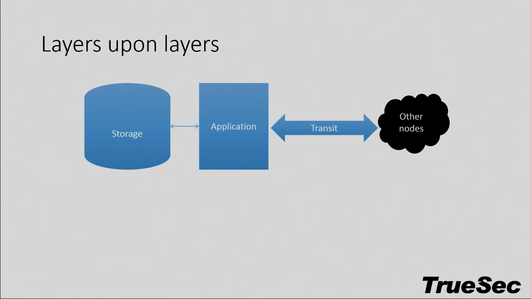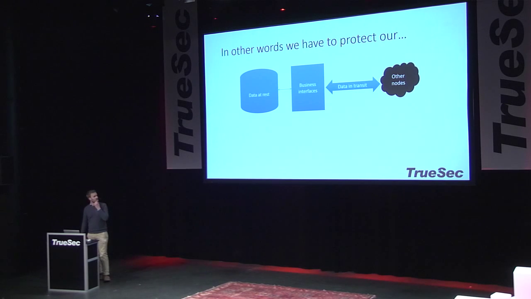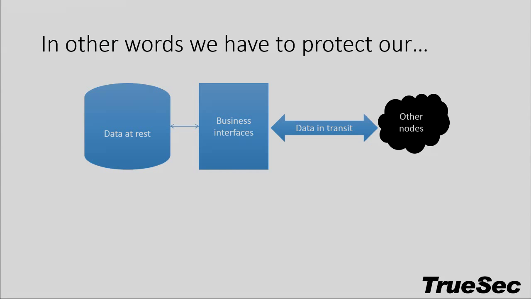You have some storage where you store stuff, and then you communicate with the other nodes in this scary black cloud over there. So in this, just to complicate stuff, I'm going to use other terms. I'm going to call it data at rest, and I'm going to call it business interfaces and data in transit. Still other nodes, though, in the spot over there.